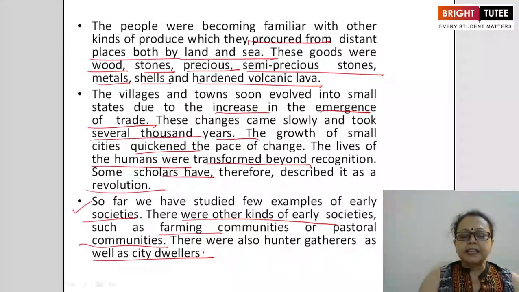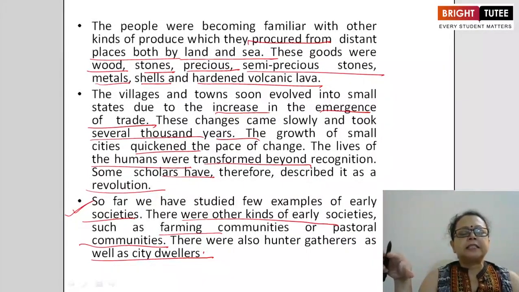This introductory chapter, also considered as chapter 1, only gives a broad, brief summary of what we are going to discuss inside the chapter, and what the importance of the early societies is in our life.